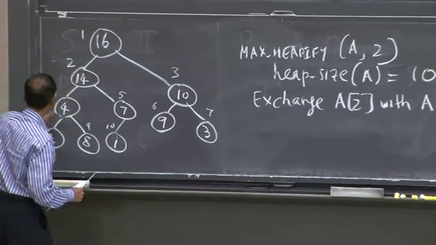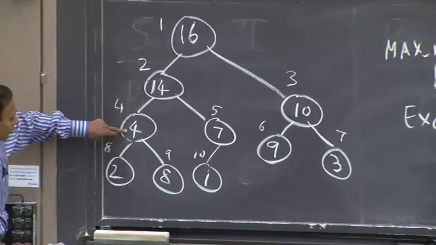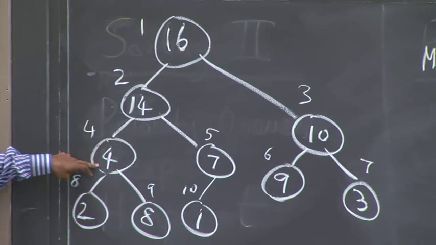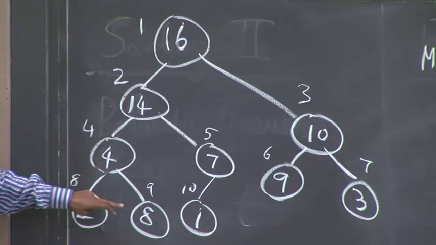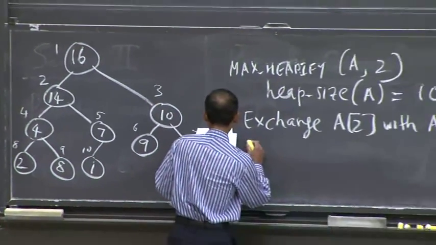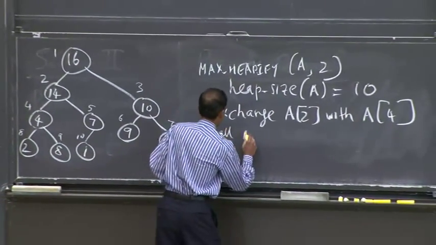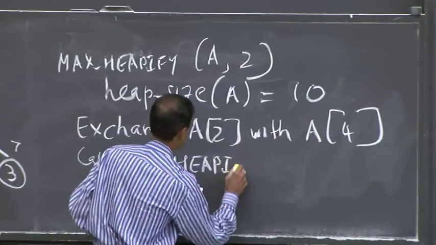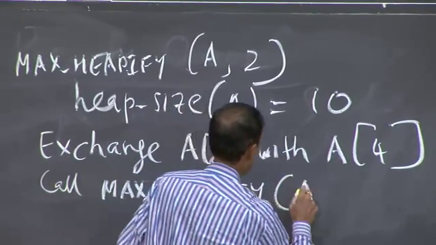And then when you get to this point recursively, you'd realize that the max-heap property at this level is violated. And so you would go ahead and call Max-heapify A, 4.